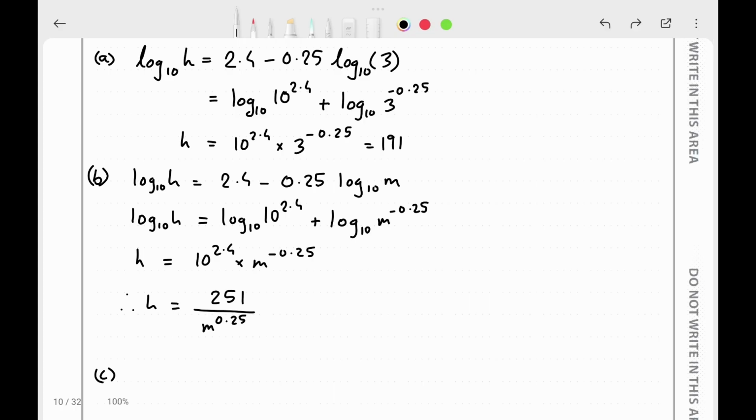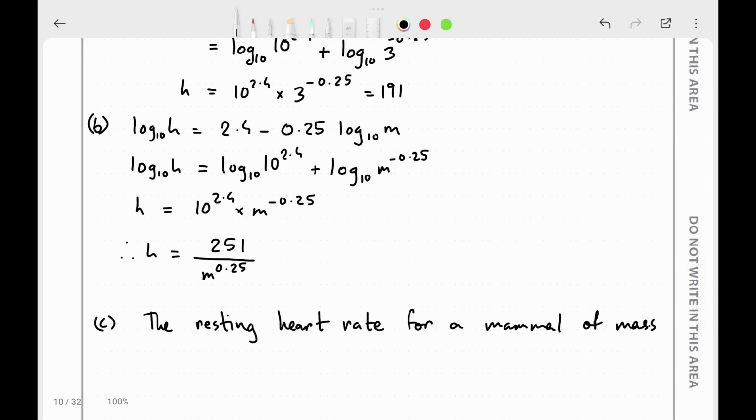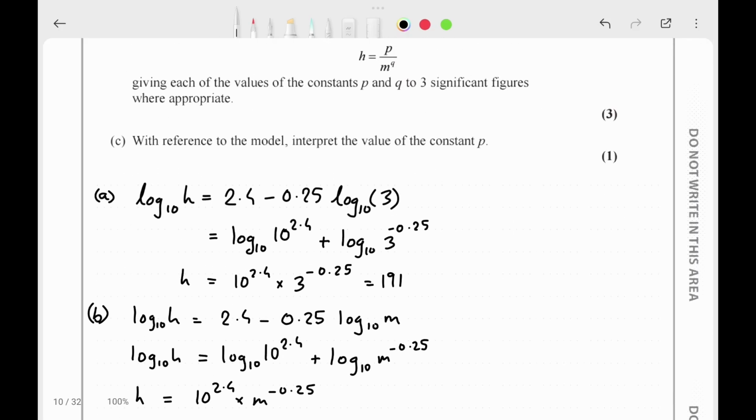This is what we are going to write: it's the resting heart rate for a mammal of mass 1 kilogram. So we're done with number 4.